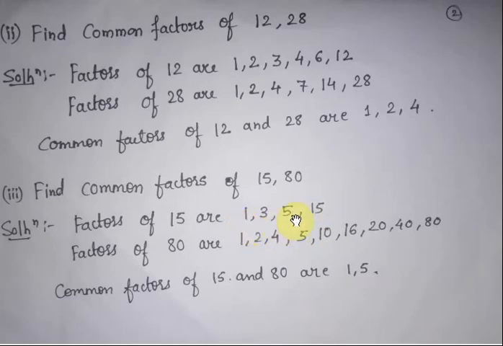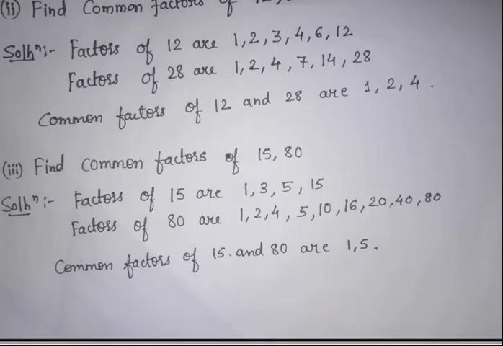So only 1 and 5 are common between the factors of 15 and 18. So we'll write the common factors of 15 and 18 as 1 and 5. So this is all about common factors of any two numbers.